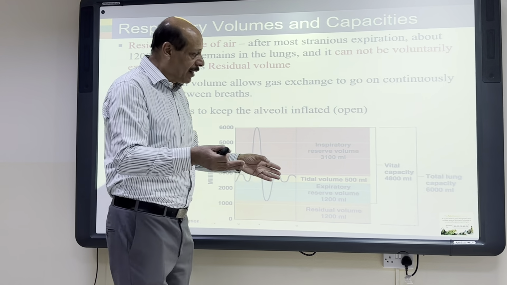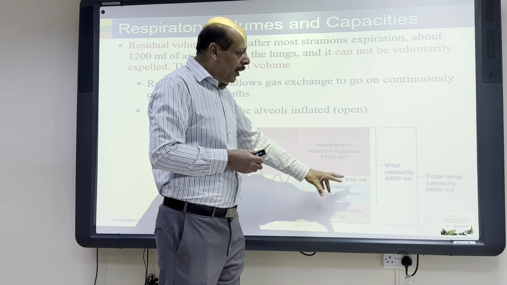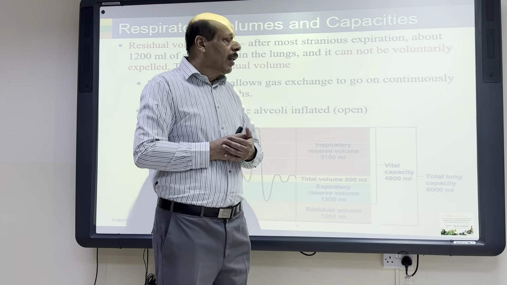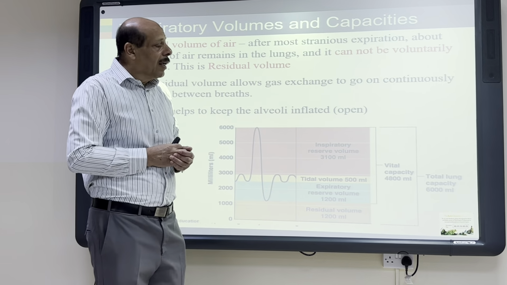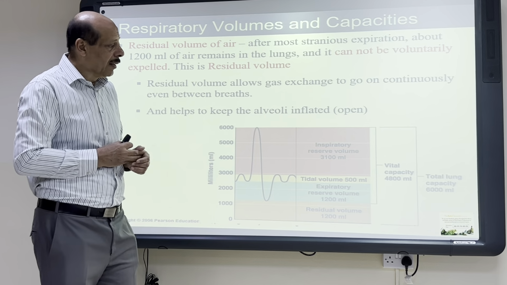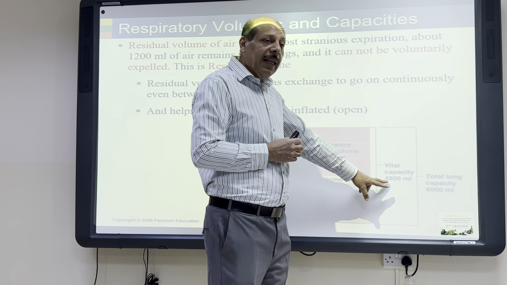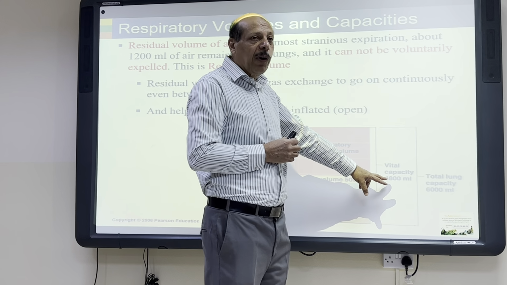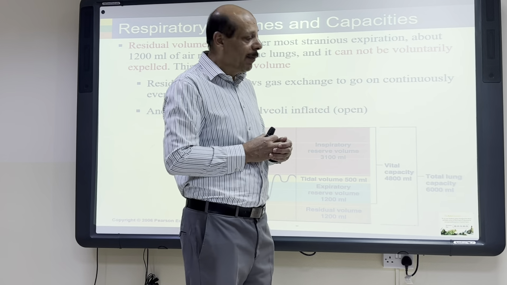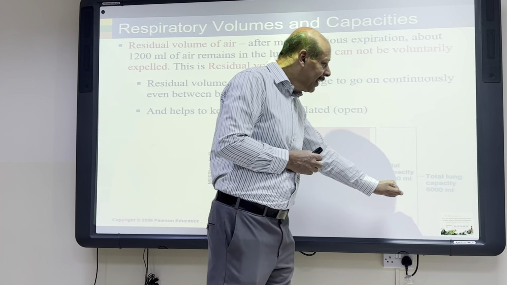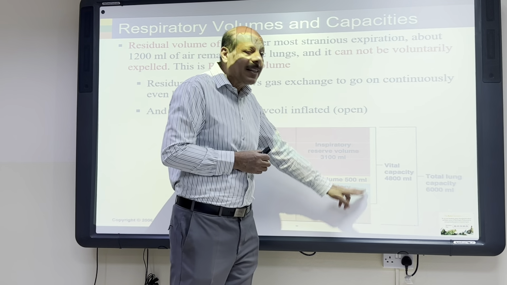So if we calculate all of those, the total capacity of the lung is 6 liters. So the vital capacity is 4.8 liters, or 4 liters and 800 ml, and the total capacity is 6 liters. Why do we call this vital capacity?